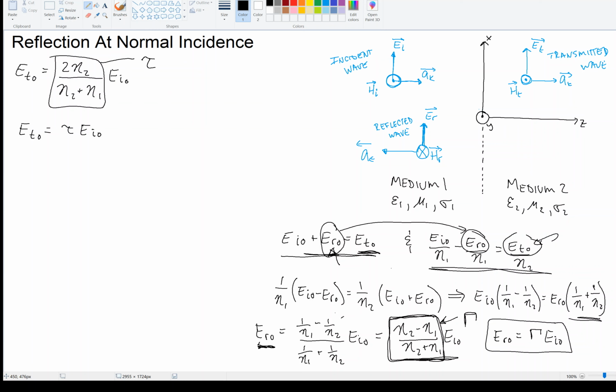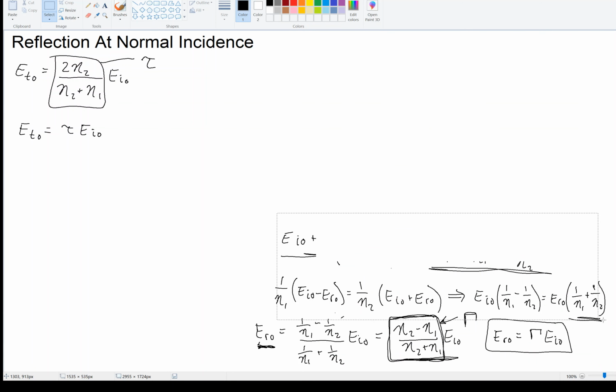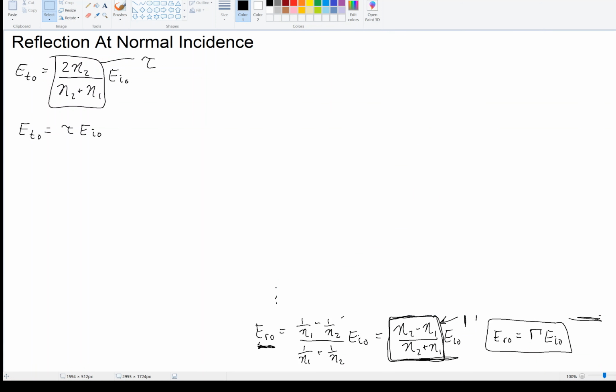Now, I just want to cover one special case. I'm going to erase this up here to give me some space. Let's consider material 1, the incident material.